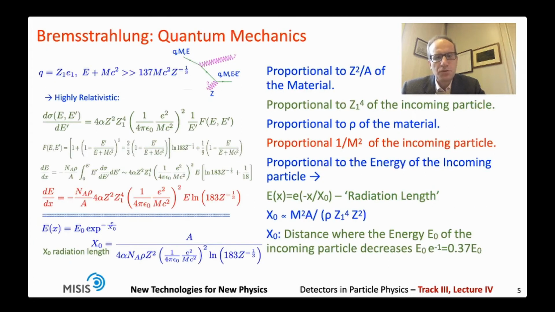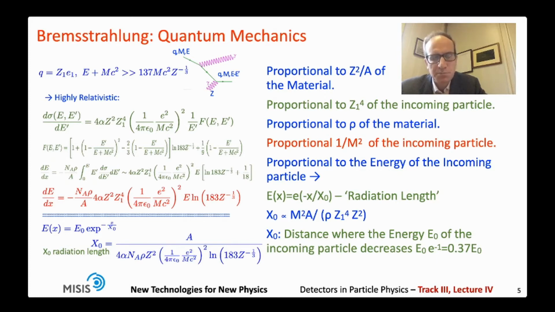If you do the same thing, but accounting for quantum mechanical effects, then you end up with a slightly different energy loss dE over dx curve, where again you see that the main features are the following. It is proportional to the square of the atomic number of the material.